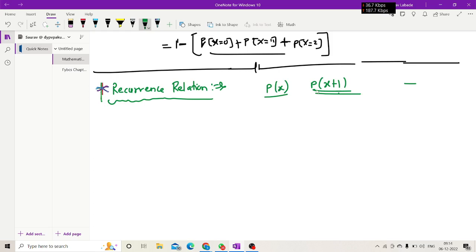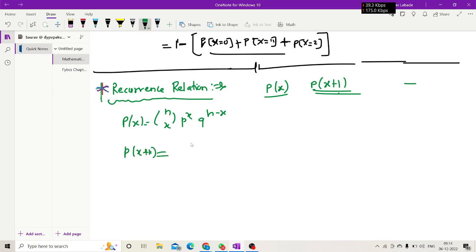Probability of x I already know: it is nCx p^x q^(n-x). Now I will try to find the probability of x plus 1.